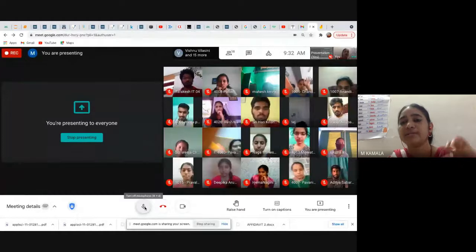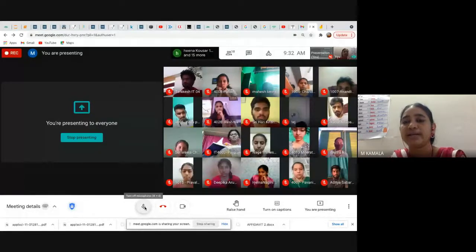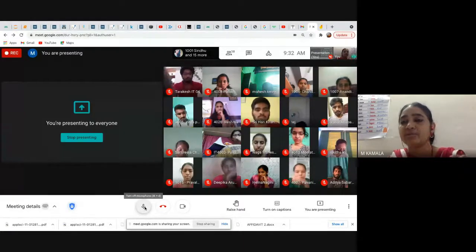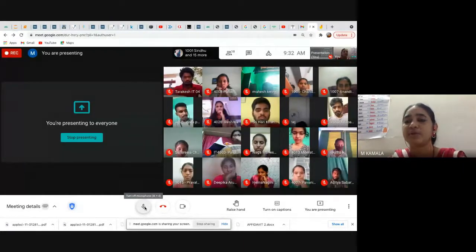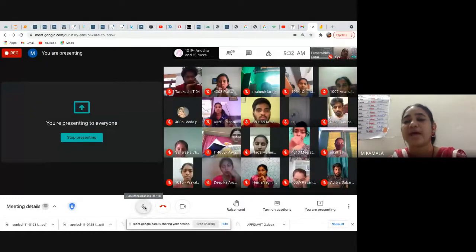Whether one is dependent on the other or not, whether I can derive a relation saying that taller students are interested in sports, average students are interested in sports, or shorter students are not interested in extracurricular activities. If I can derive such statements, I can say that these two attributes are correlated with each other.